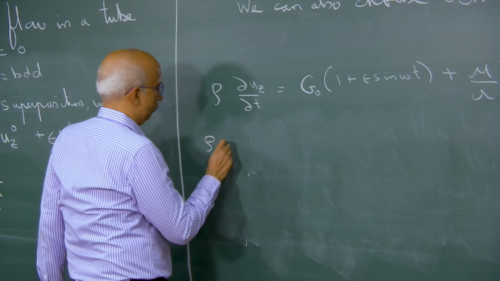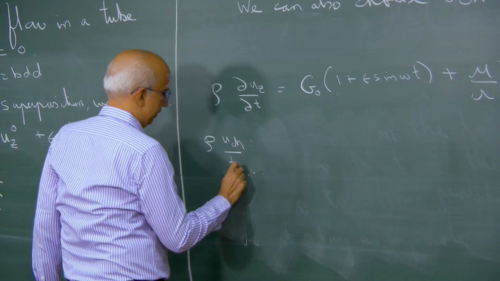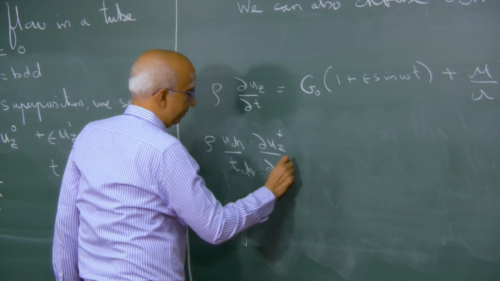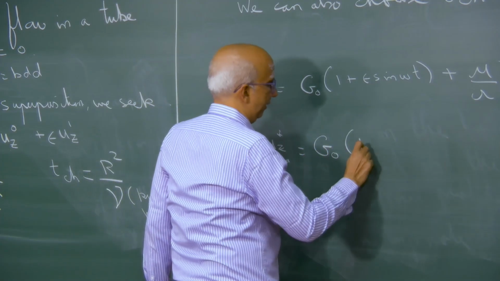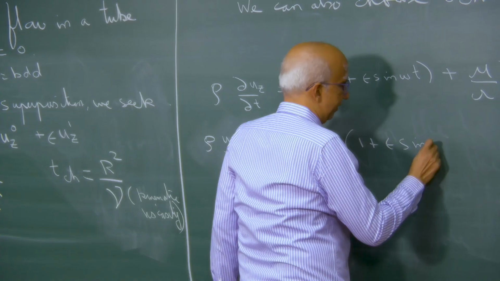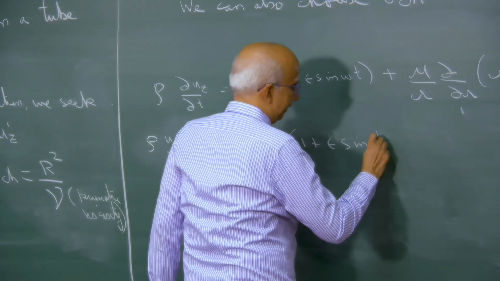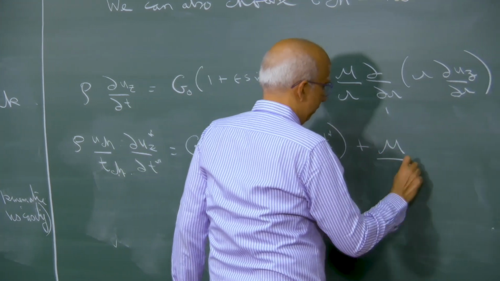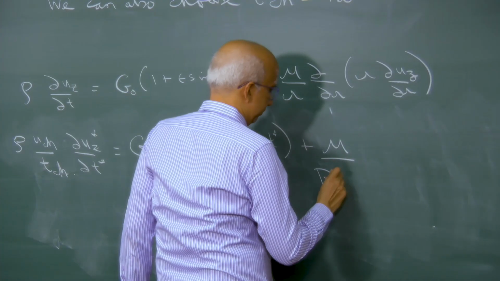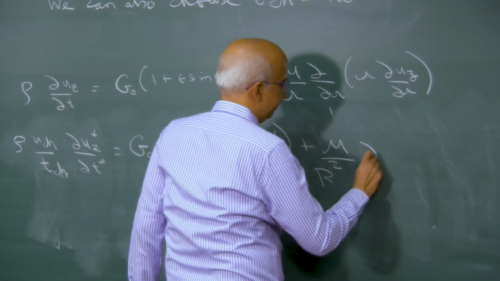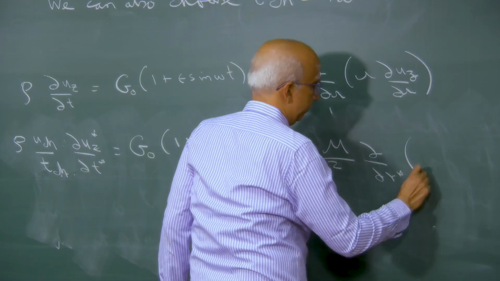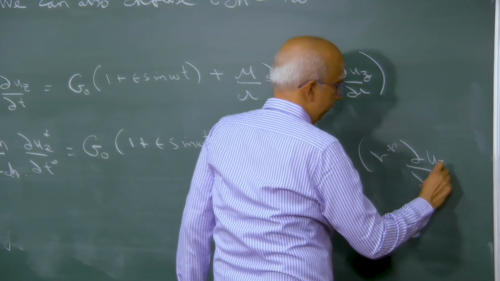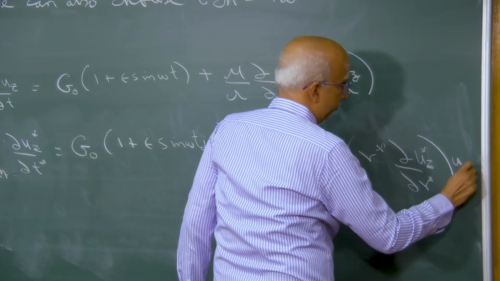I am going to write this as rho times u characteristic over T characteristic times d u z star by dt star equals g naught times 1 plus epsilon sin omega T characteristic times T star, plus mu by r squared times 1 by r star d by dr star of r star d by dr star times u z star times u characteristic.